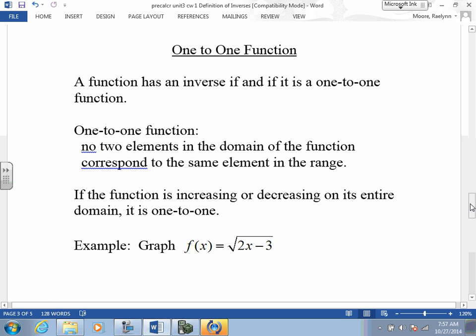This is your one-to-one function. When we have a true inverse, that's your one-to-one. The x's don't repeat and the y's don't repeat. No two elements in the domain correspond to the same element in the range. Remember you did one-to-one and you did the onto thing.